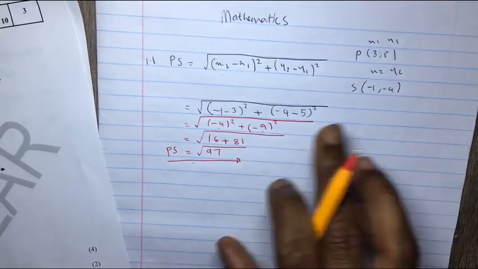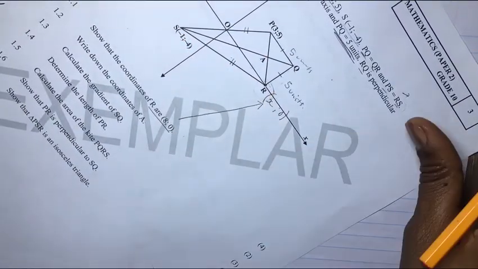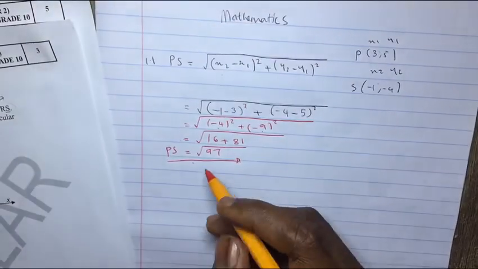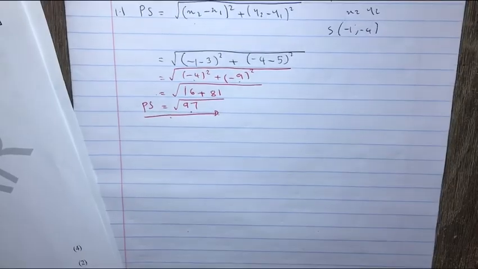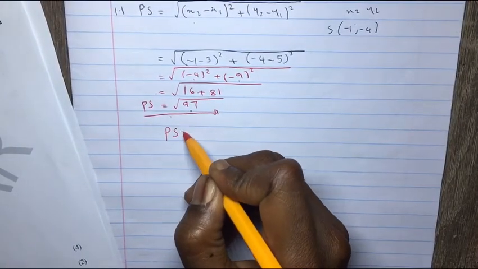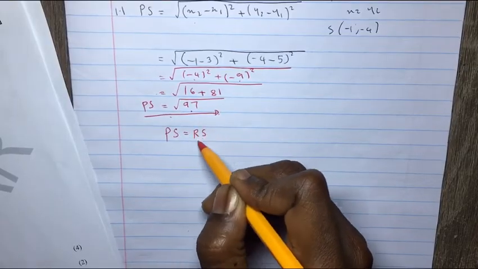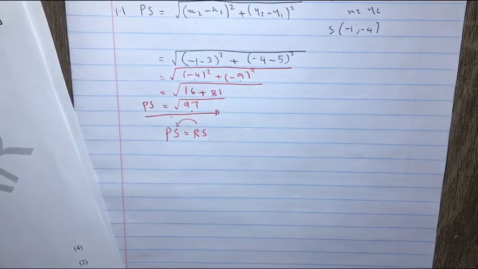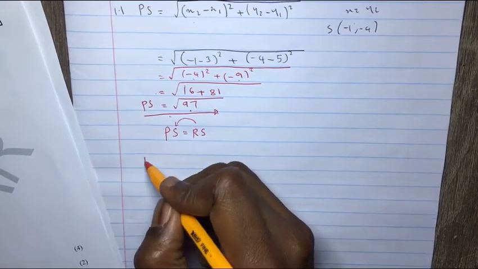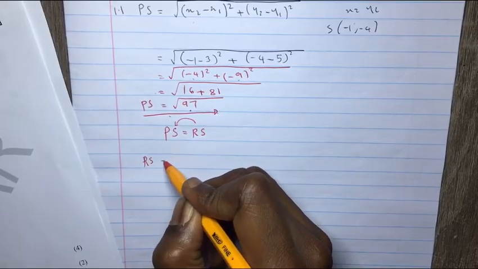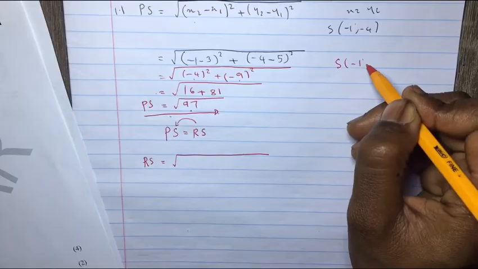Can you see that PS and RS are the same? I'm going to equate PS to RS. They told us that PS is the same as RS, so the distance of RS is the same as PS. The coordinate of S is (-1, -4).